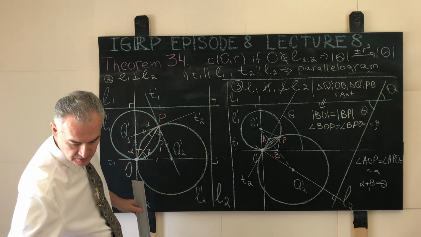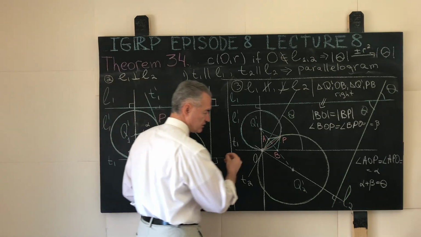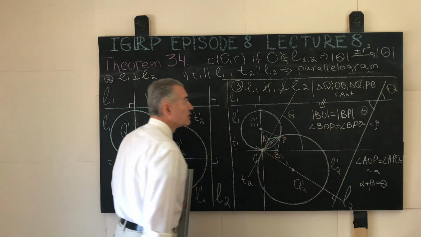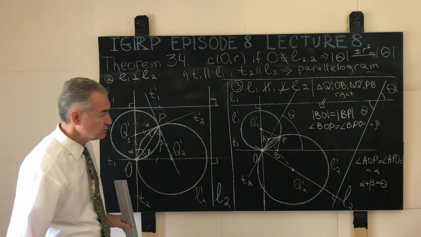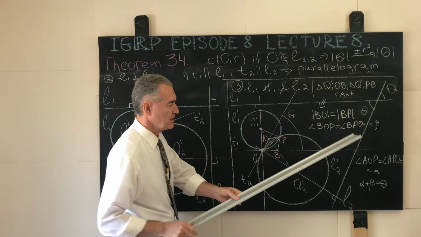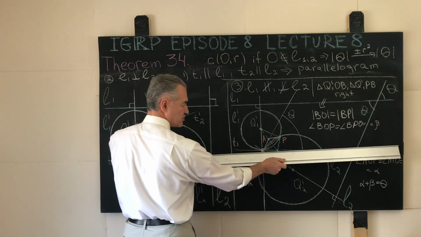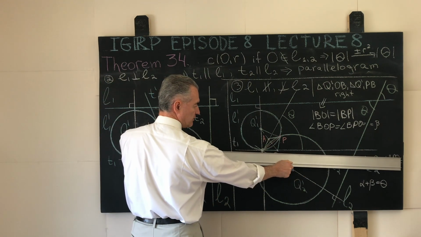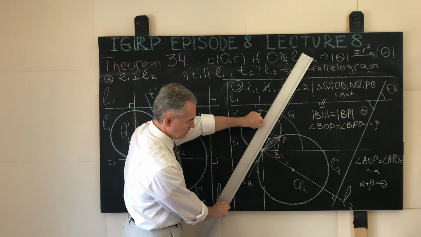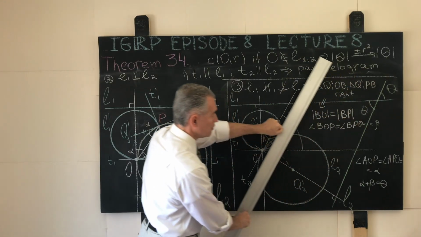And using the argument that we just constructed in the previous case, we show that these four straight lines, the original straight line blue L1, green L2, the tangent T1 and the tangent T2, this time it's this one, you see this tangent, they form what?